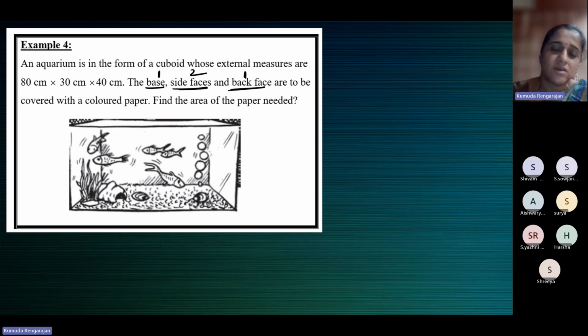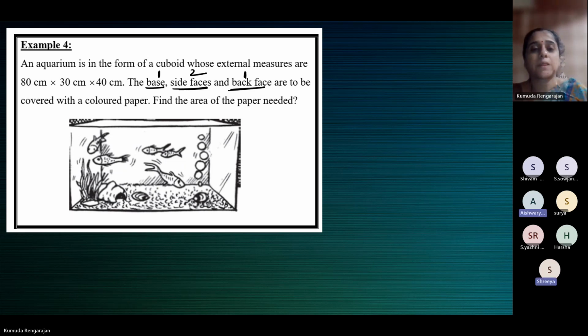So which are the faces not covered with colored paper? Name the faces. The top and the front. Correct. The top face and the front face, because you have to see the lovely fish swimming in the water, right?